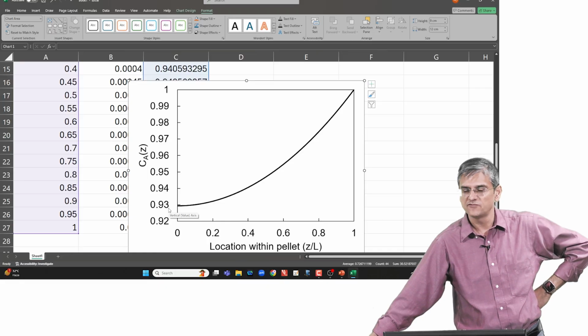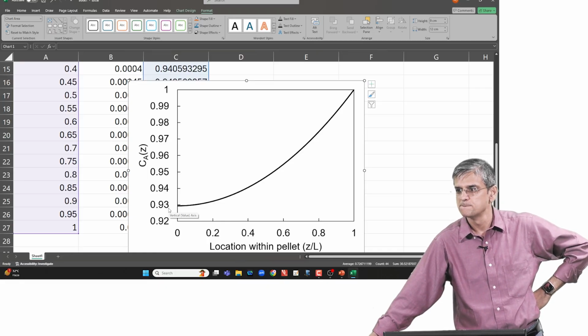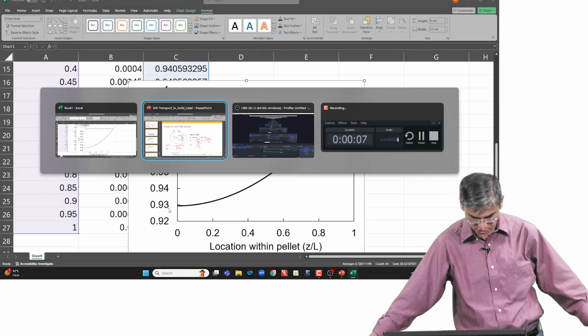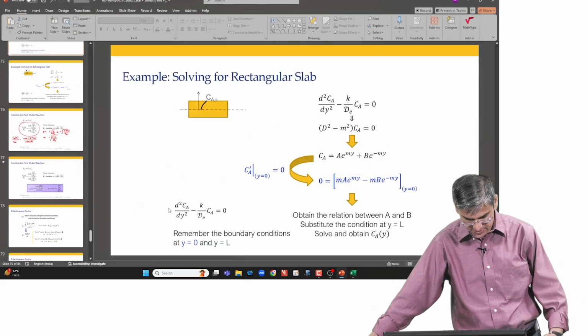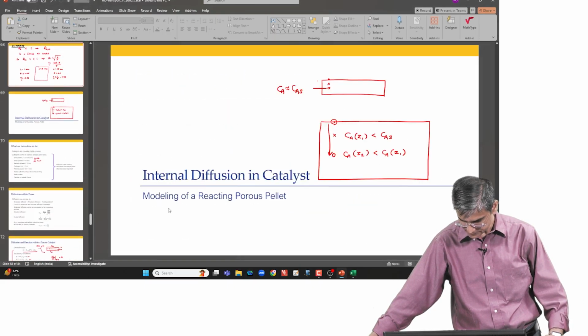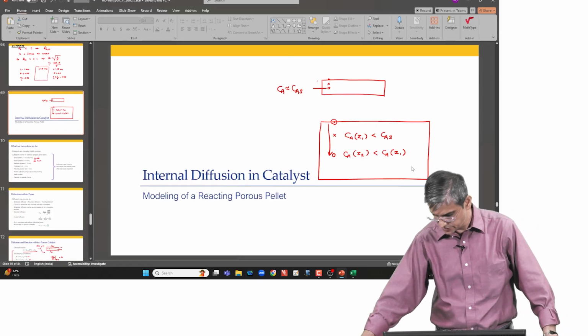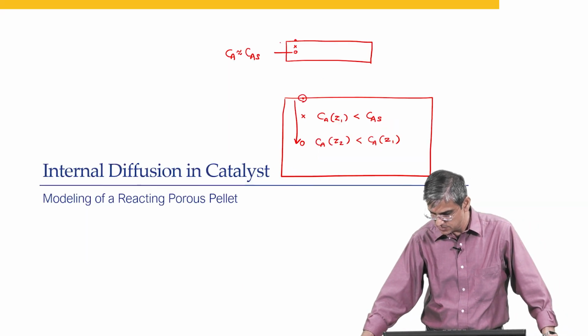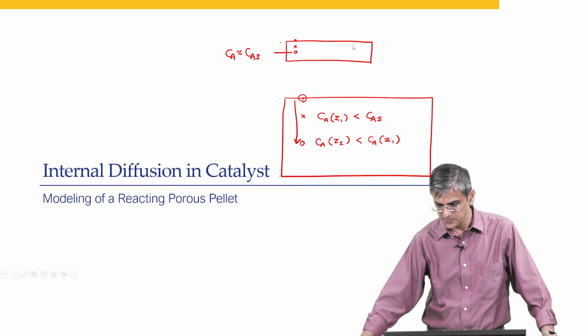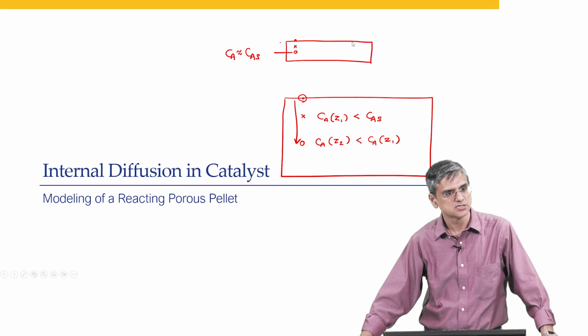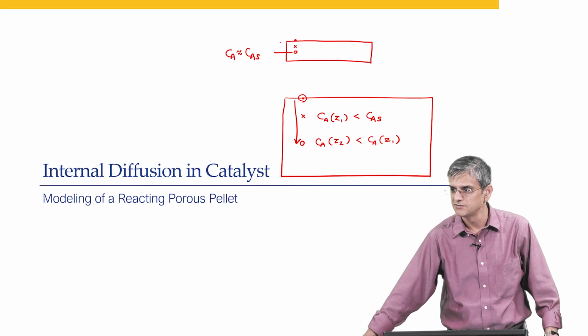Is this concentration flat or not flat? What should be the concentration based on what we discussed? Okay, the size of the pellet 1 mm. So which pellet are we talking about? This guy, not this guy. What did we say about concentration in this? More or less the same. What do you see in Excel?